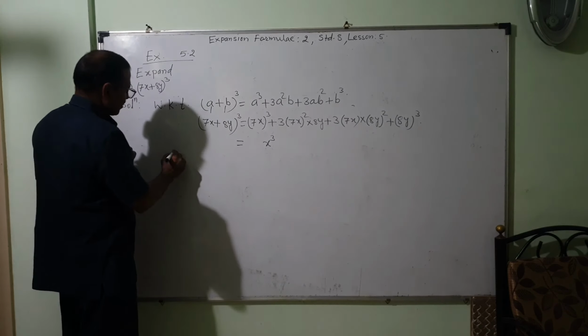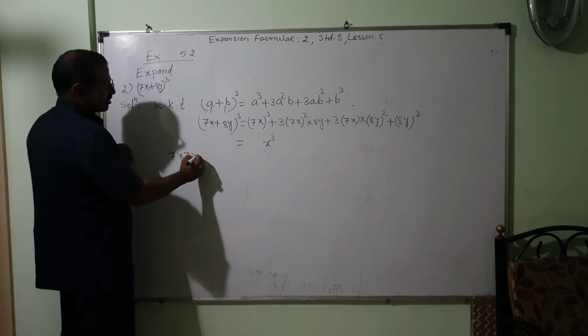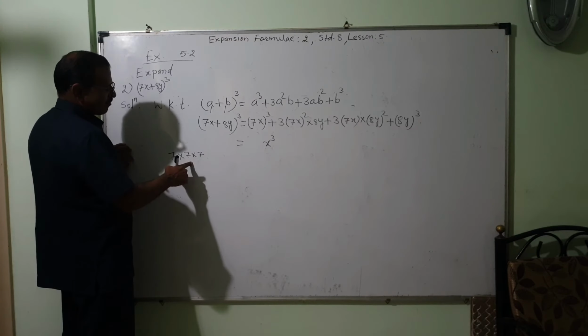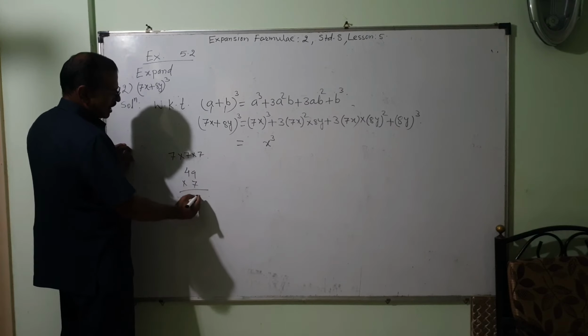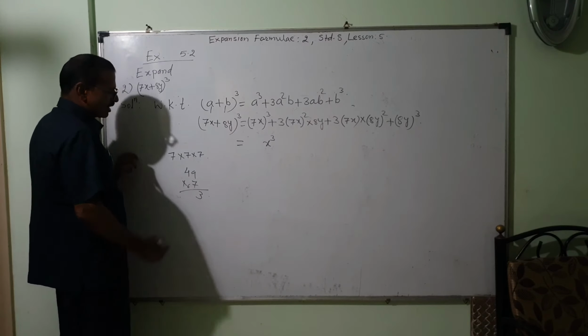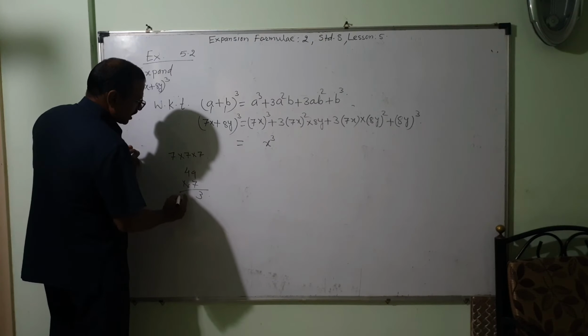7³ means 7 into 7 into 7. 7 7 are 49 into this 7. 9 7 are 63, carry 6. 7 4 are 28. 28 plus 6, 34.